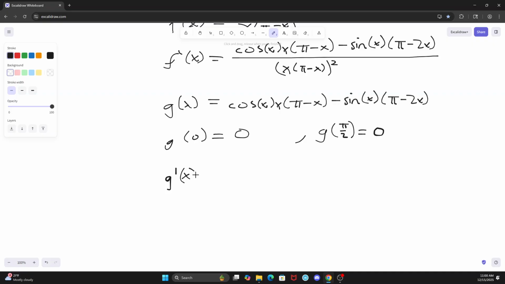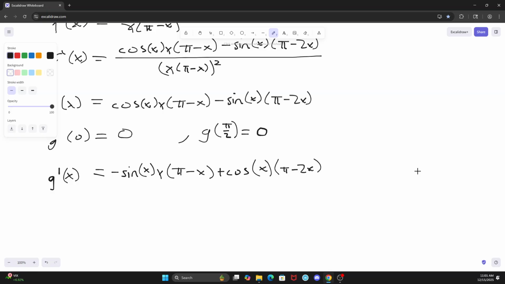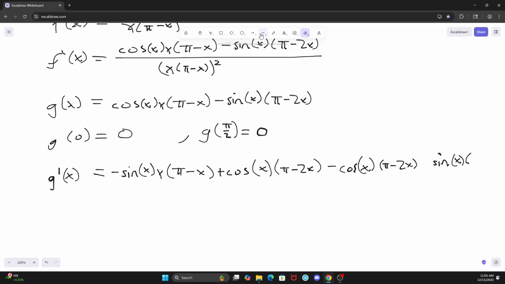So we then have that g prime of x is equal to negative sine of x times pi minus x, plus cosine of x times pi minus 2x, minus cosine of x times pi minus 2x, plus sine of x times negative 2, or I guess it should be jumped ahead a little bit. Minus sine of x times negative 2.